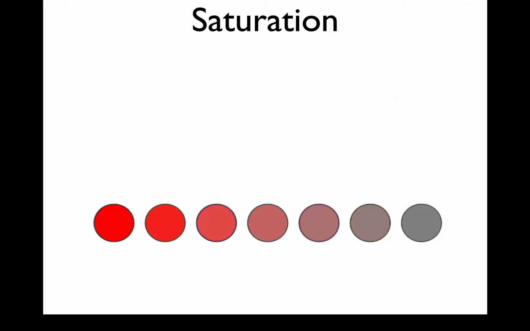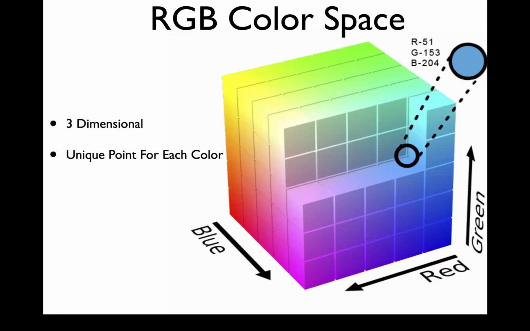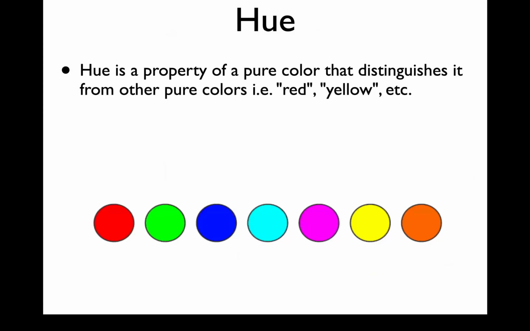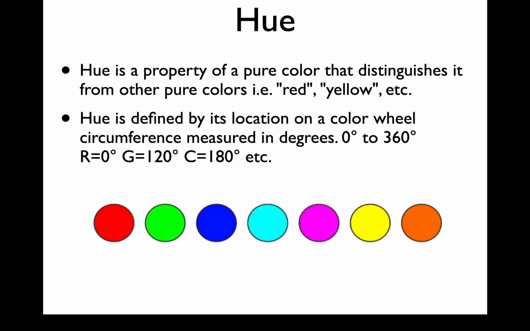We need to go back really quickly because I want to talk about the scale of hue. This matters. Hue, when we talked about the location on the color wheel, is defined in degrees. If you think about a circle, there are 360 degrees in a circle, right?